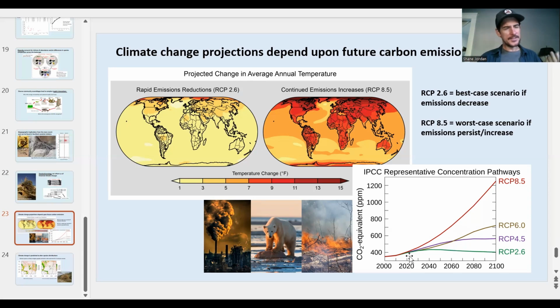The more realistic scenario, or a less hopeful scenario, is RCP 4.5, where if we stop burning fossil fuels today, or at least seriously decline the amount by which we use them, the concentration of carbon dioxide in the atmosphere would go up somewhat in the next few decades, but not by a whole lot.